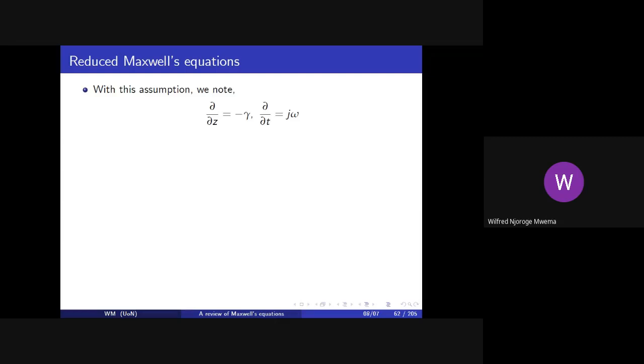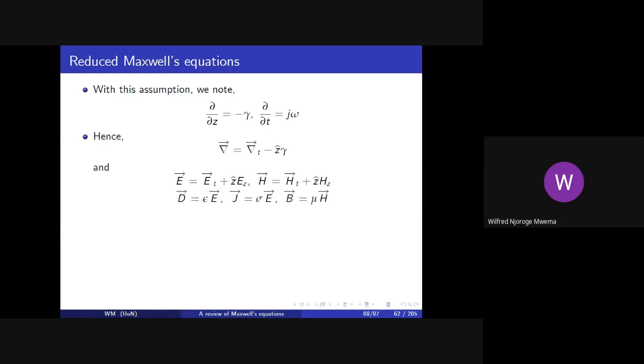Since Maxwell's equations are all differential equations, we can always replace those derivatives using the constant we have for the particular components.